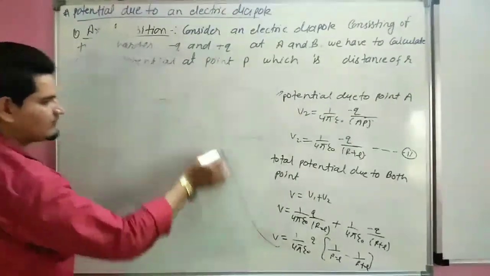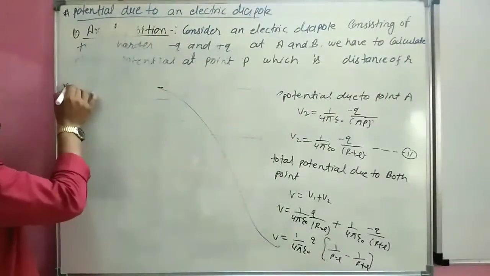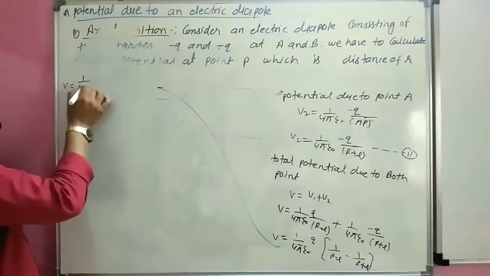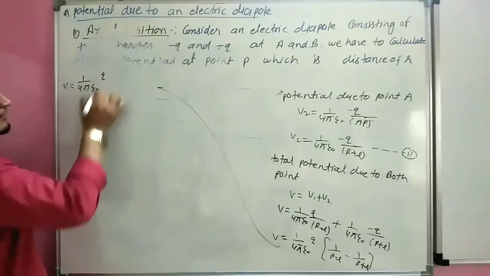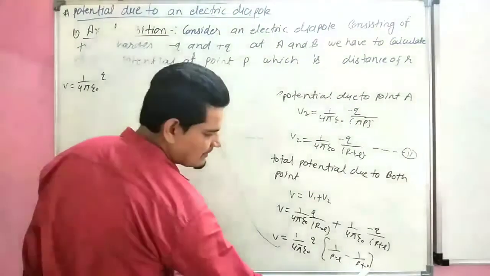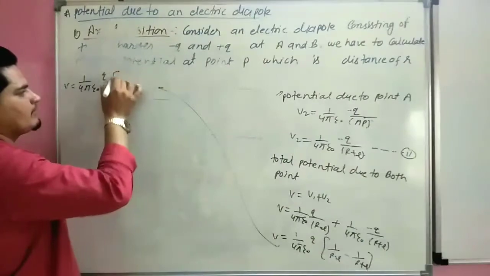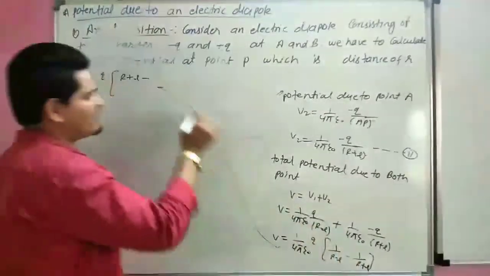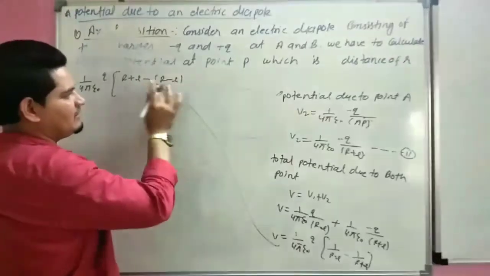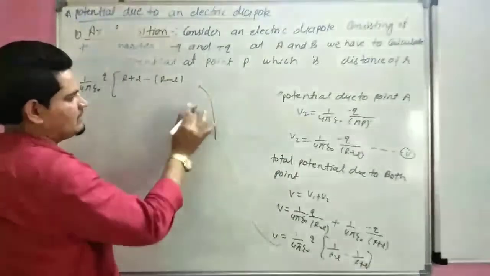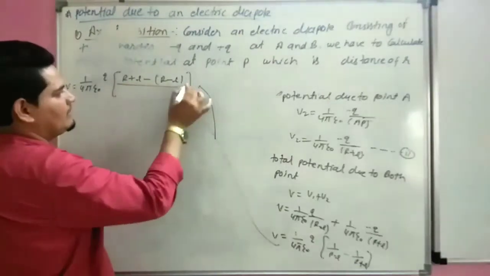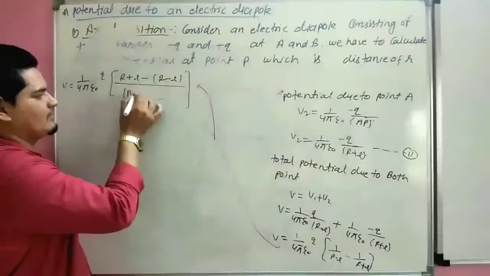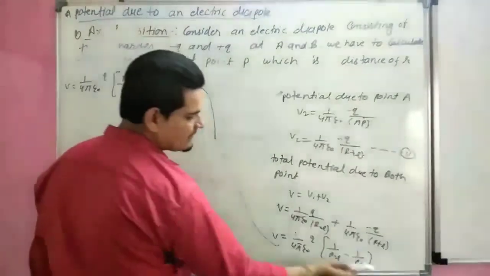Now V is equal to 1 upon 4 pi epsilon naught Q. We cross multiply: R plus l, minus R minus l, multiplied by 1, and the denominator is R minus l multiplied by R plus l.